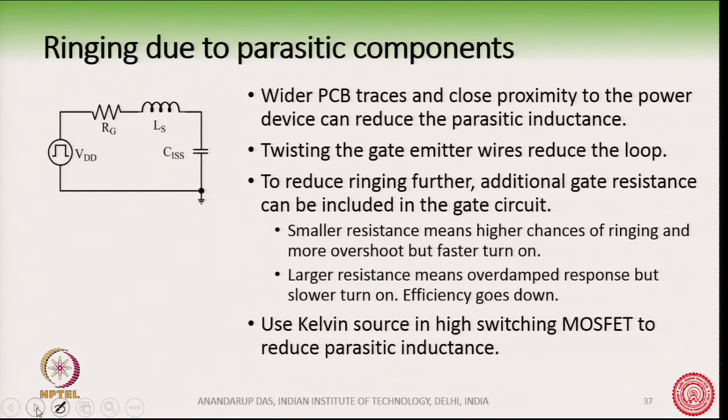So, how can you mitigate it? Of course, if you use a wider PCB trace and close proximity to the power device, you can reduce the parasitic inductance. People sometimes use twisted gate emitter wires around the loop. Now, since this is an underdamped system, another way to mitigate this effect is to put additional gate resistance.